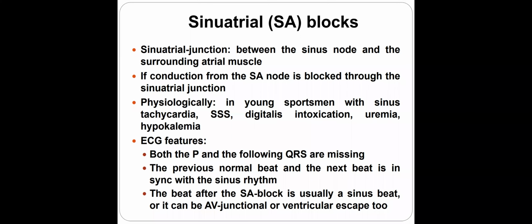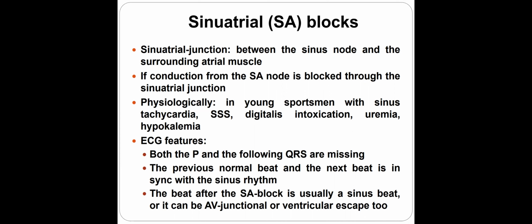If we had AV block, the P is not followed by QRS complex. When we have SA block, what are we going to miss? The P wave. When we do have no conduction from the SA node to the atrium, there is no P wave.